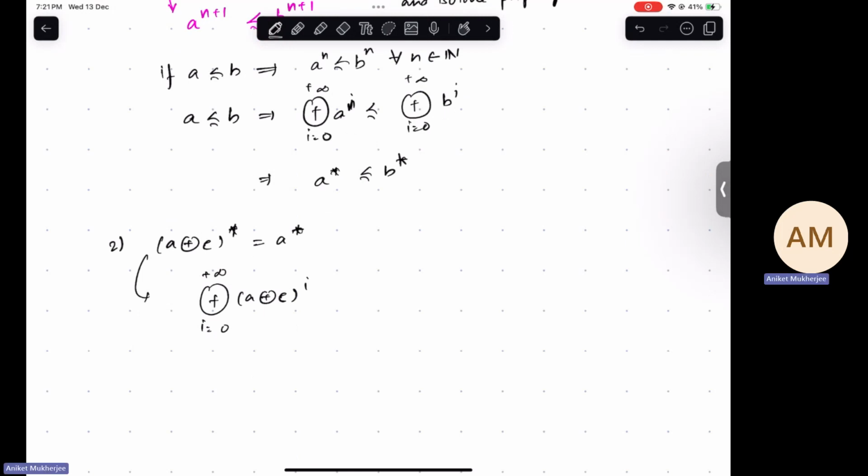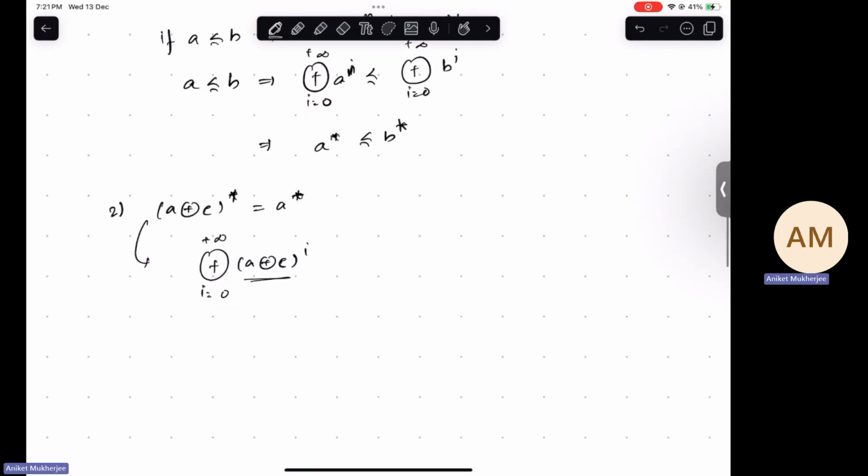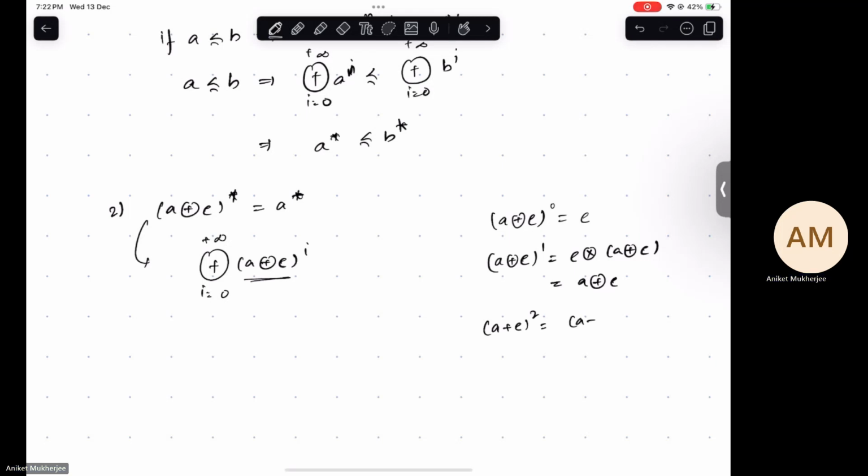Now what is (A plus E)^i? Let's first write it down. (A plus E)^0 equal to the unit element E. (A plus E)^1 equals E into (A plus E), which is A plus E. Similarly, (A plus E)^2 equals (A plus E) into (A plus E).